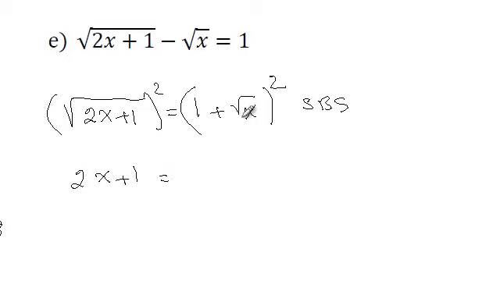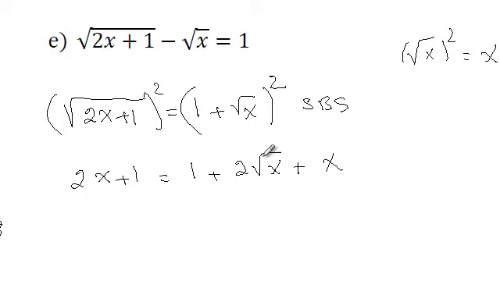We have to do the square of the first, the square of the second, and 2 times first times second, and look what will happen. 1 squared is 1, plus 2 times first times second. 2 times 1 is 2, times √x is 2√x, plus the second squared, √x all squared. You know that √x all squared gives you x. So we get x.